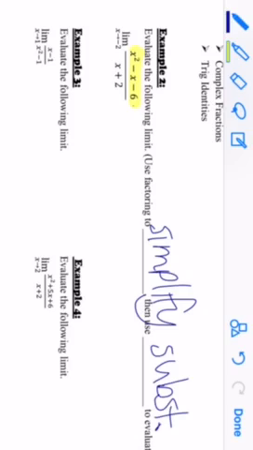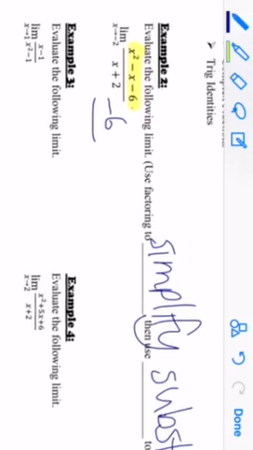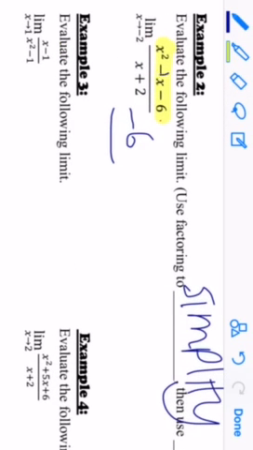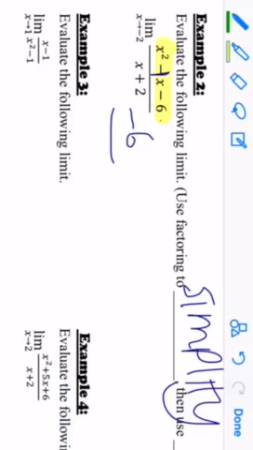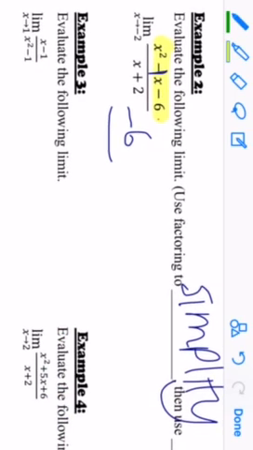And how we do that is if you think of your -6, what are 2 numbers that times to -6 but add to, in this case, -1, the coefficient of x? So 2 numbers that times to -6 and add to -1, that would be 2 and -3, okay?